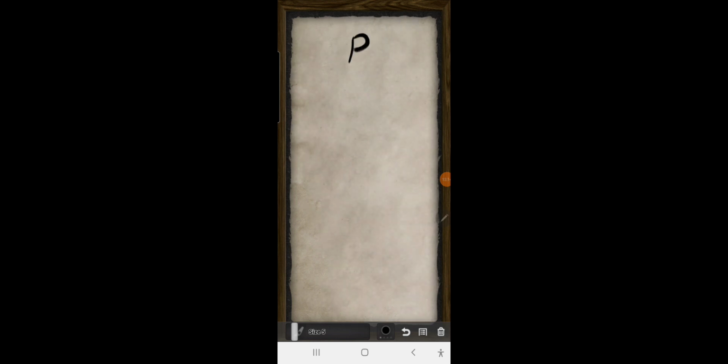Next we have ru. Ru. And it's going to look like this. 1, 2. It can also be 1 stroke too, because your brush or your pen never leaves the paper.